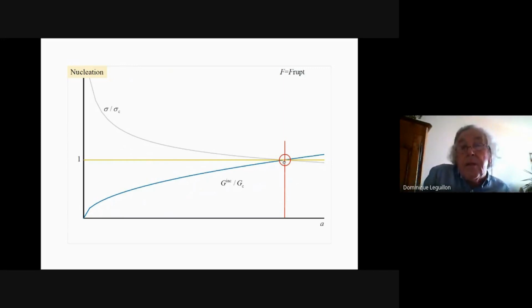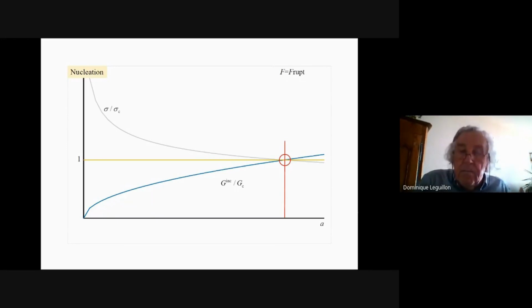And the coupled criterion states that for this value of the load, where there is a first single point where the two conditions are fulfilled, this load is the load at failure. And what happens is that the crack jumps from here to here. There is a crack jump along this length. Now, we have solved the inequalities with respect to A, and we can now also calculate the load at failure.